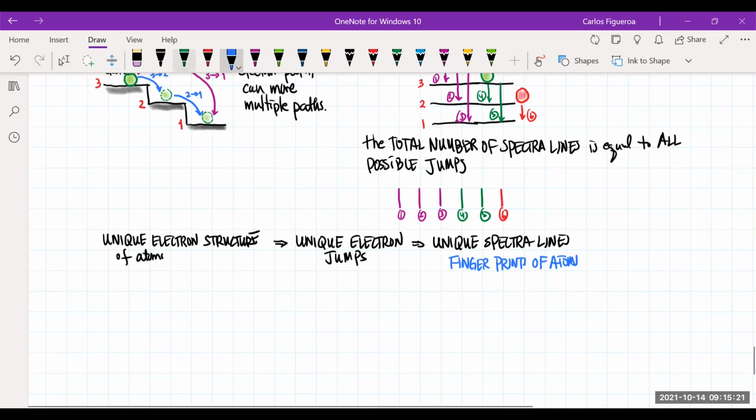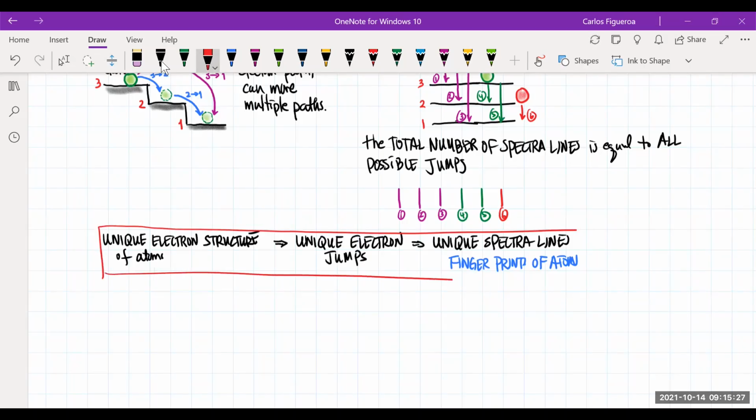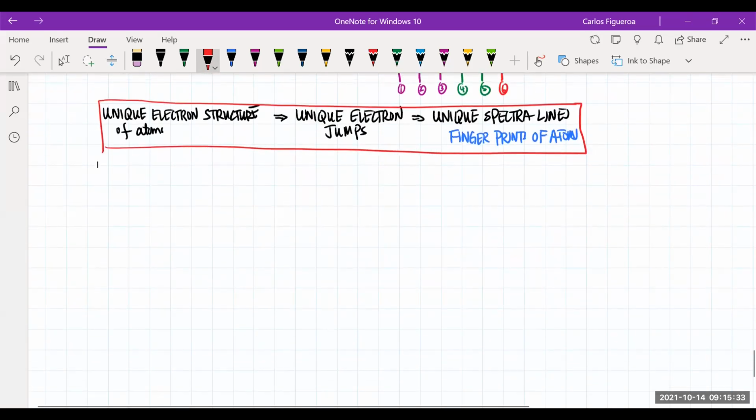So this is my little flow chart to guide you to thinking that this is the reason why spectral lines are so important.